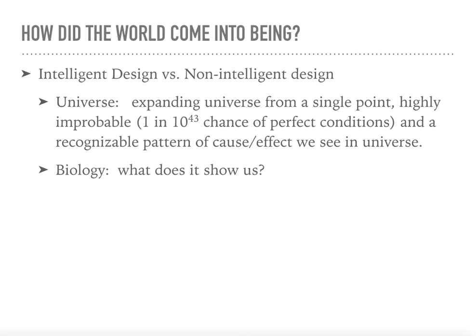We learned that there was evidence pointing to the fact that it expanded from a single point origin, and that the conditions that we find life in a stable universe today is a 1 in 10 to the 43 chance of perfect conditions. And we also showed that we see recognizable patterns in the universe that not only show that it's improbable, but that it looks like there was some intelligent design.